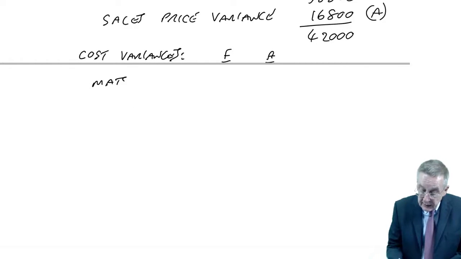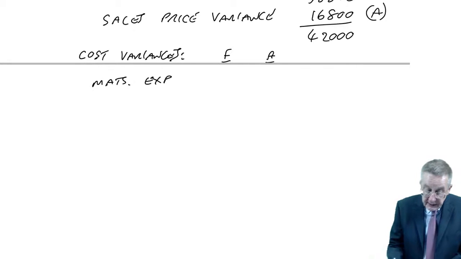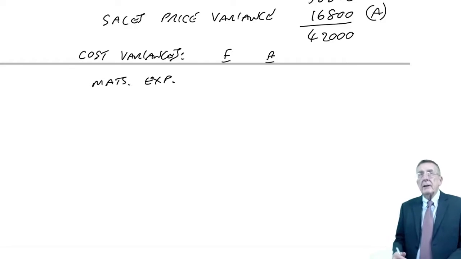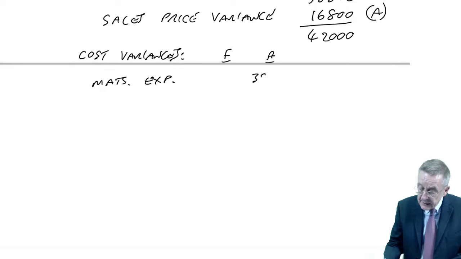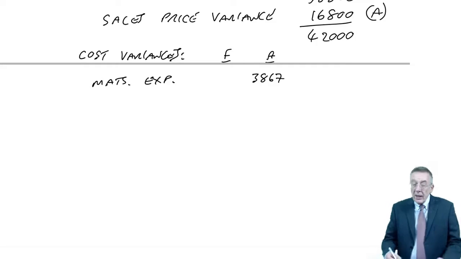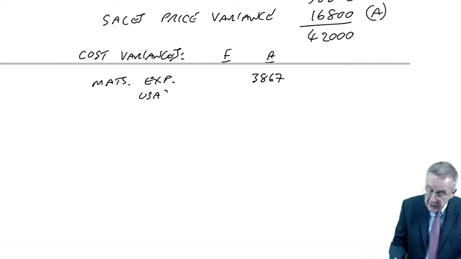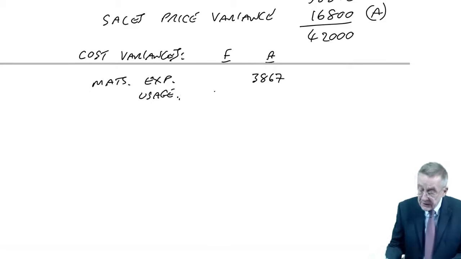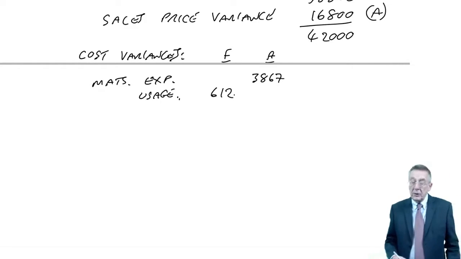So let's run down and let's see whether I can remember them. We had materials expenditure variance. You can look back and check, but I think we overspent, it was 3,867 adverse. We had a materials usage variance of, I think, 612 favourable.